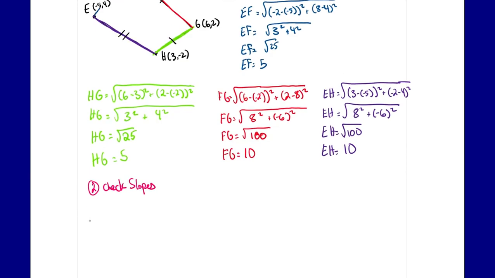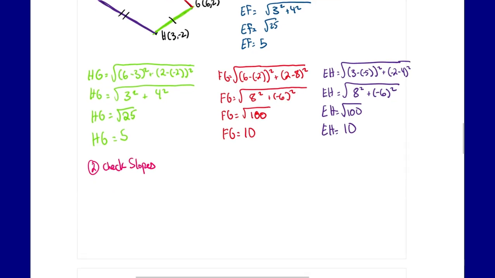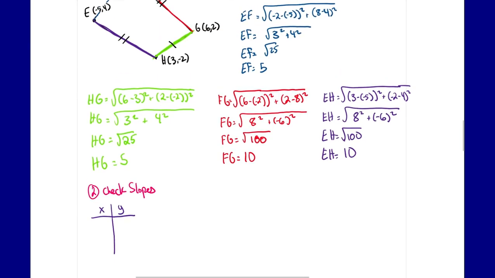So we're going to check first. We'll use both methods. We'll use our table of values for the first one. So we have X and Y. For EH, we have -5, 4, and 3, -2. Change in Y, we have 4 to -2.